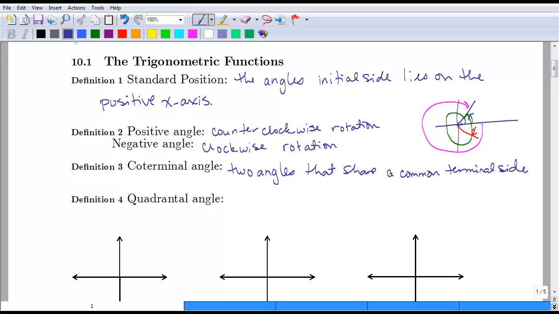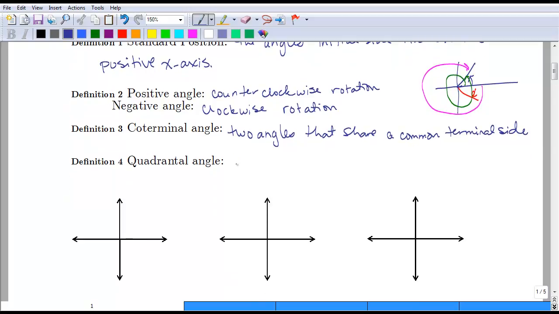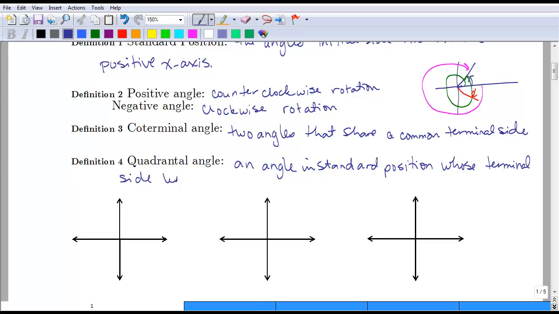The other thing to talk about real quickly is what it means to have a quadrantal angle. A quadrantal angle is an angle in standard position whose terminal side lies on one of the axes.